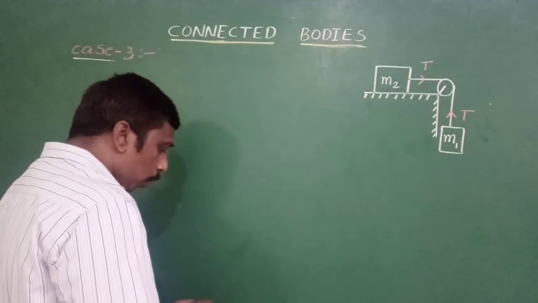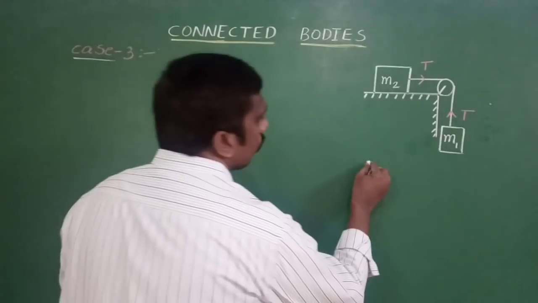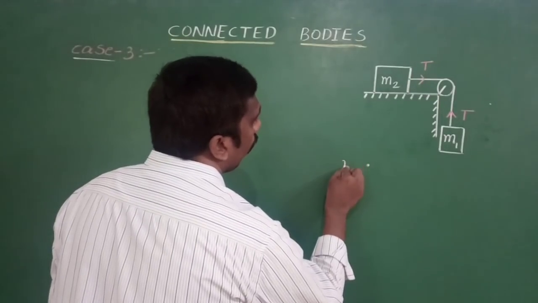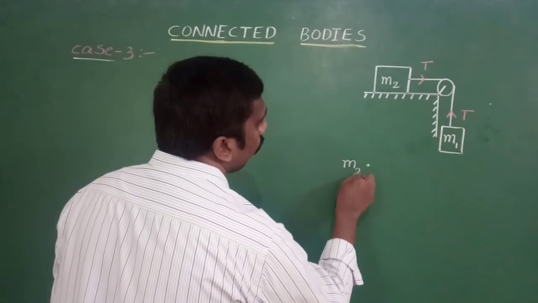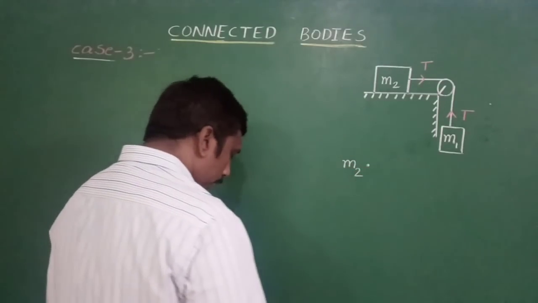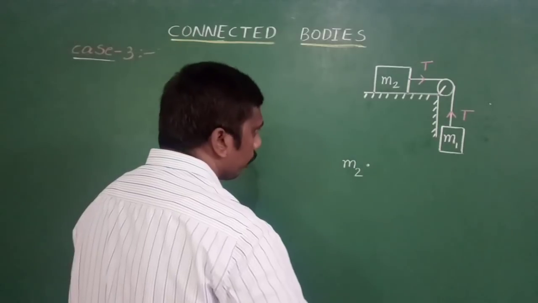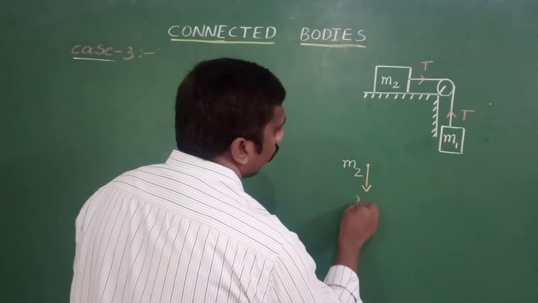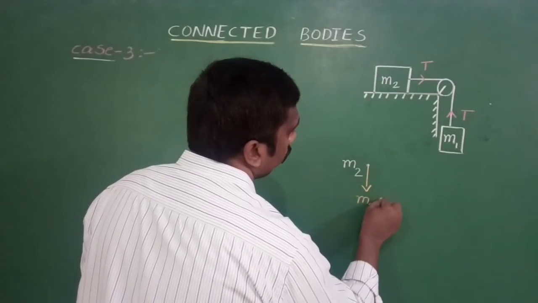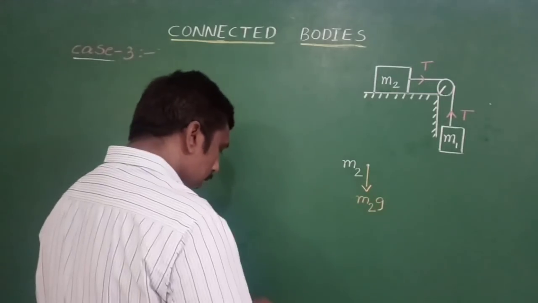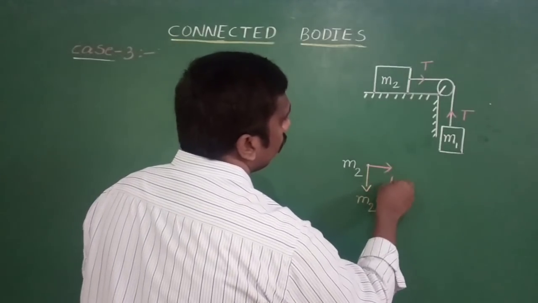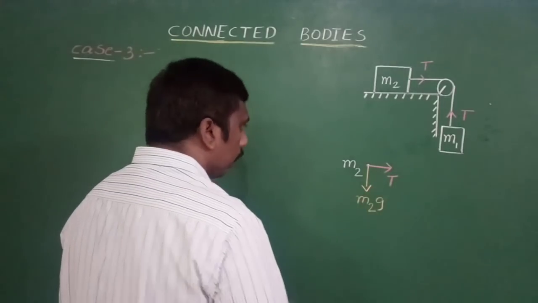If you take free body diagrams of these blocks, block 2, m2, how many forces are acting on m2? On m2, weight is acting in the downward direction. Tension is acting towards the right, and normal reaction is acting in the upward direction.